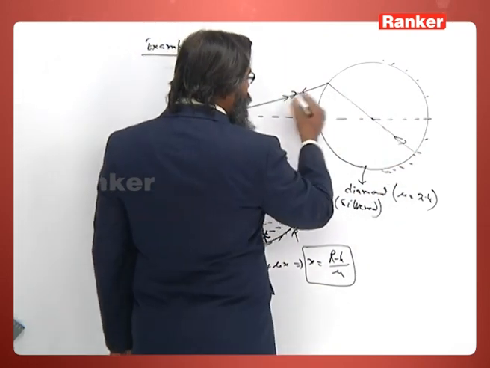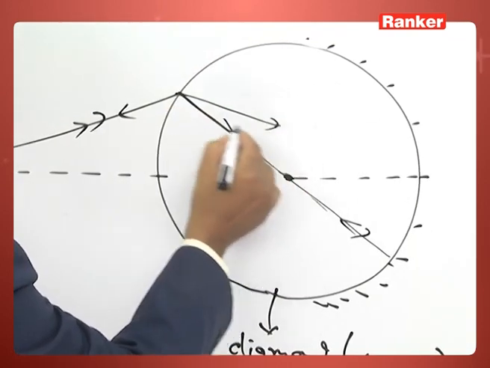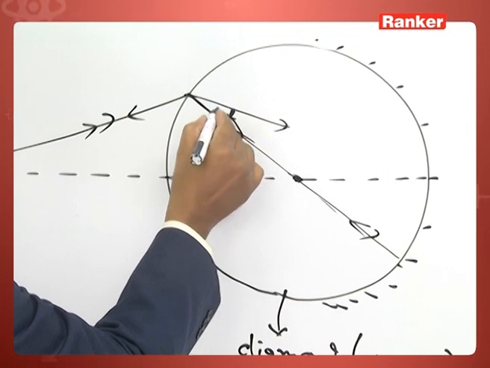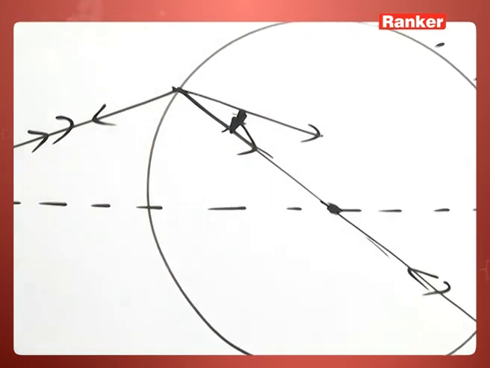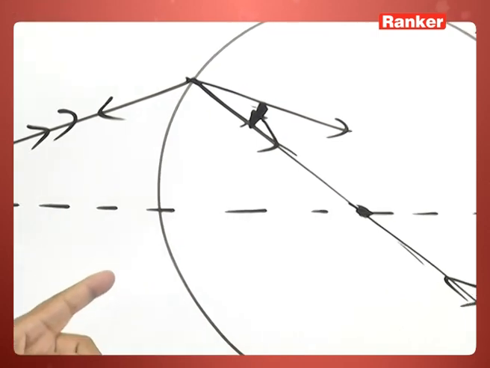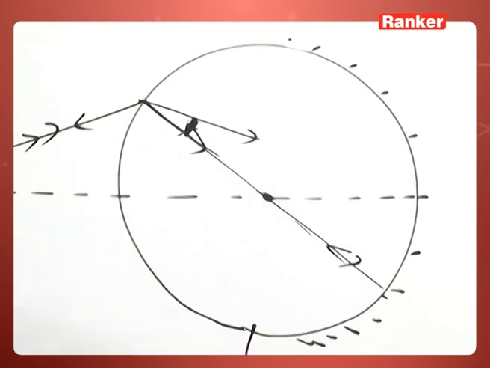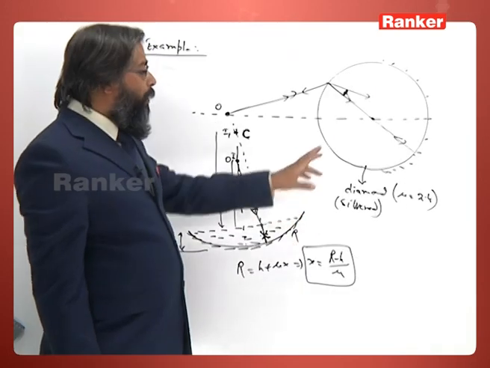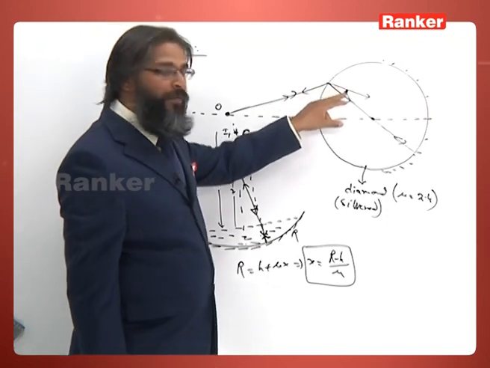So, any ray going like this cannot pass through the center, it will bend like this. This will be some finite angle. If it passes, that means it has infinite refractive index. So, this ray cannot pass, and this model will not work for this problem.